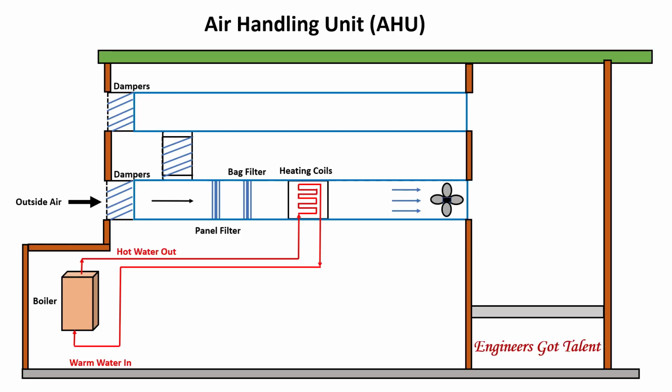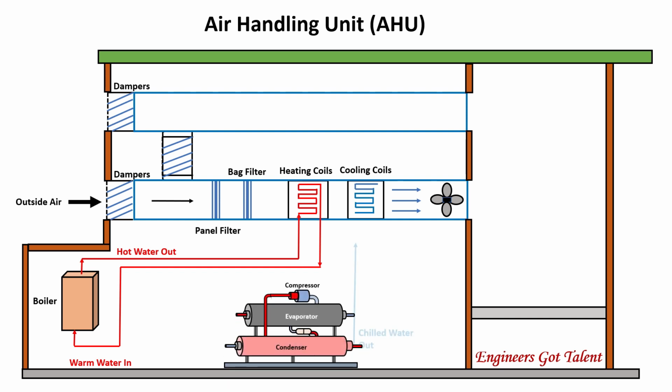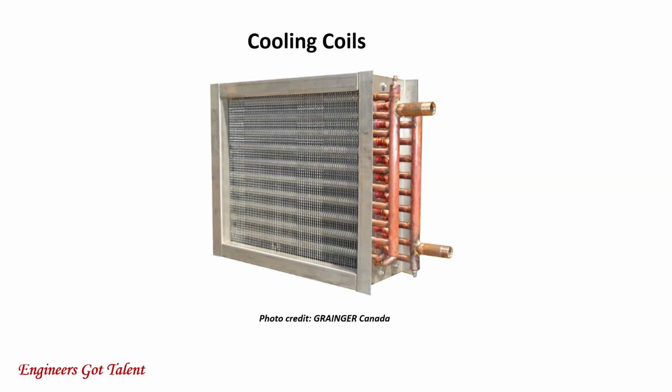The filtered air then passes through the cooling coils for cooling purposes during summer or for other intended cooling purposes into the rooms. The cooling coils are supplied with chilled water from the water chiller. This is a picture of the cooling coils.